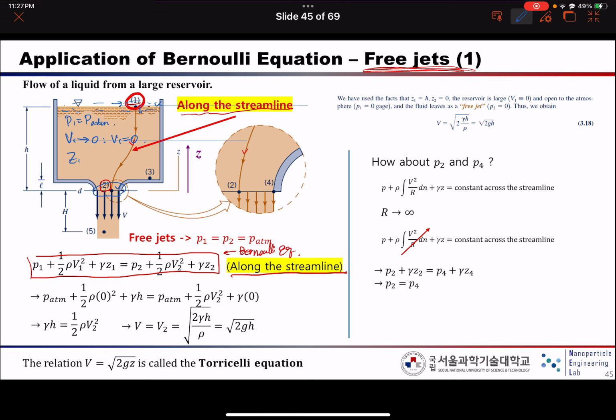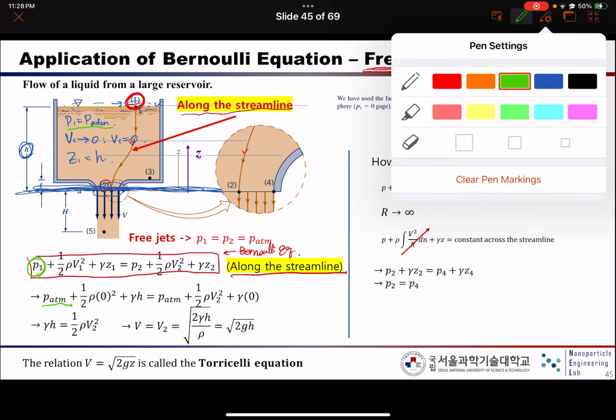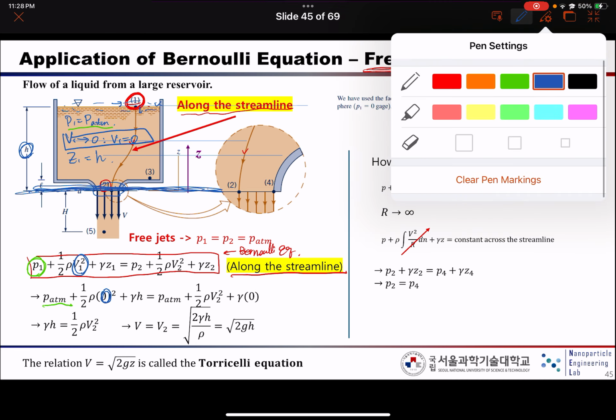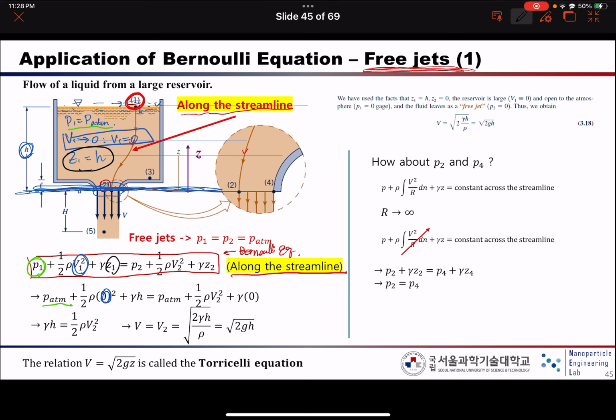To consider the height, you need to make a reference line. In this example, the reference line starts at this point. So Z1 should be H. That's the reason why P1 becomes P atmosphere, V1 becomes 0, and Z1 equals H, right?